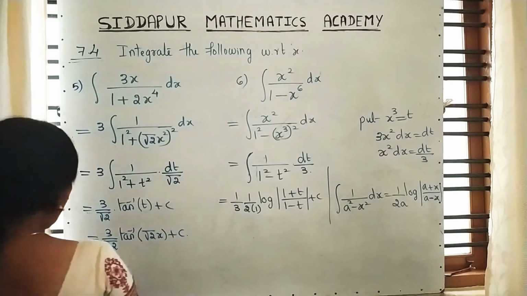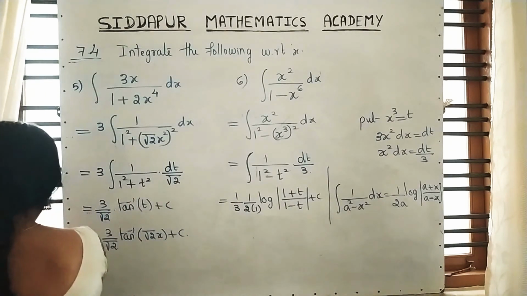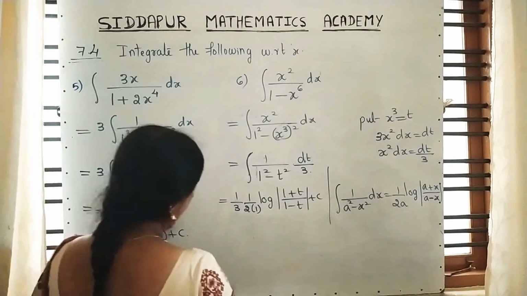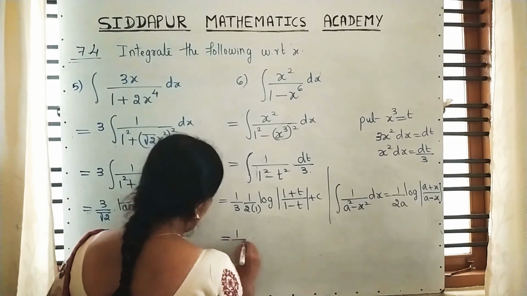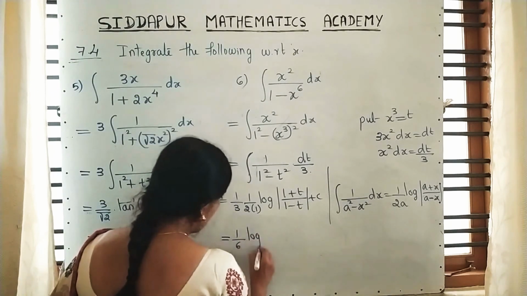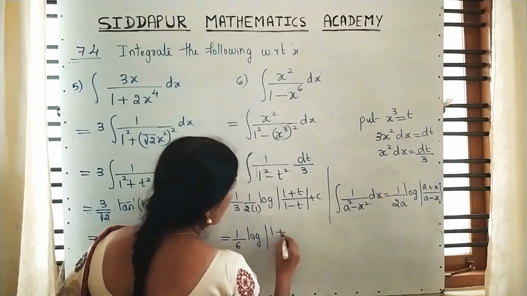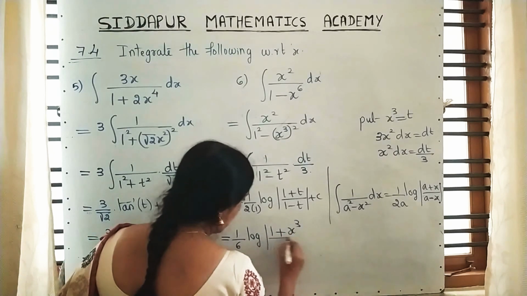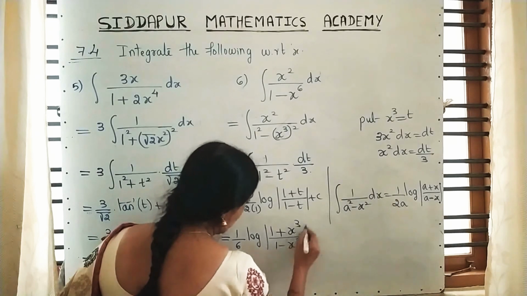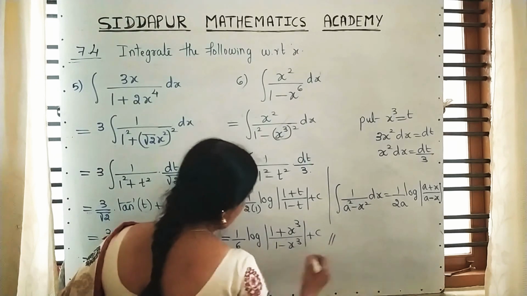And write down that t value. One by 6 log of (1 plus x cube) upon (1 minus x cube) plus c.